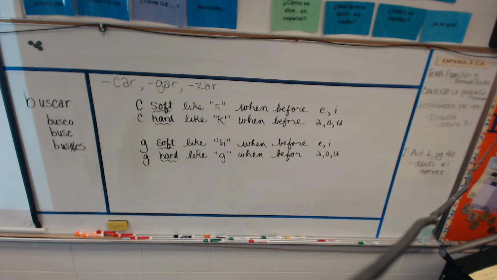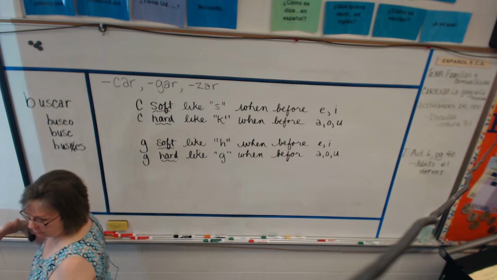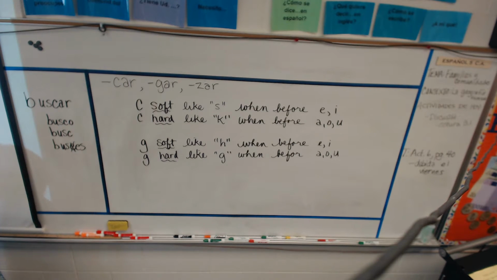You're going to put the pronoun between the no and the verb form. So here's an example. Paco, no comas el sandwich. Paco, don't eat the sandwich. What is it that we don't want Paco to eat? The sandwich. Now this is a direct object, not a reflexive. Is el sandwich masculine or feminine?